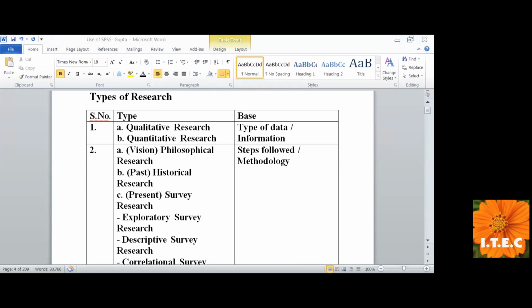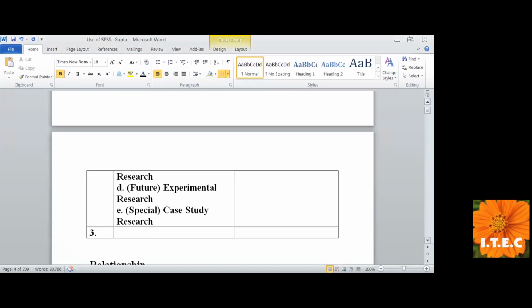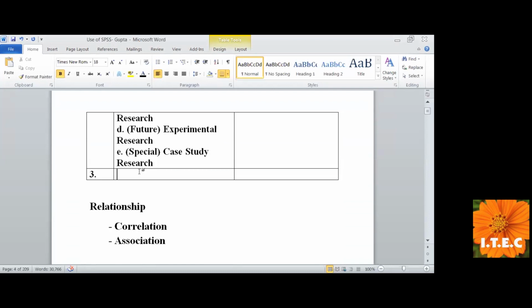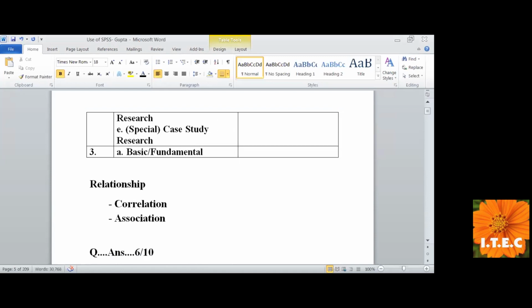Now, there is another way to classify the researches. It's called basic research, or you can call it fundamental research, or you can call it theoretical research.